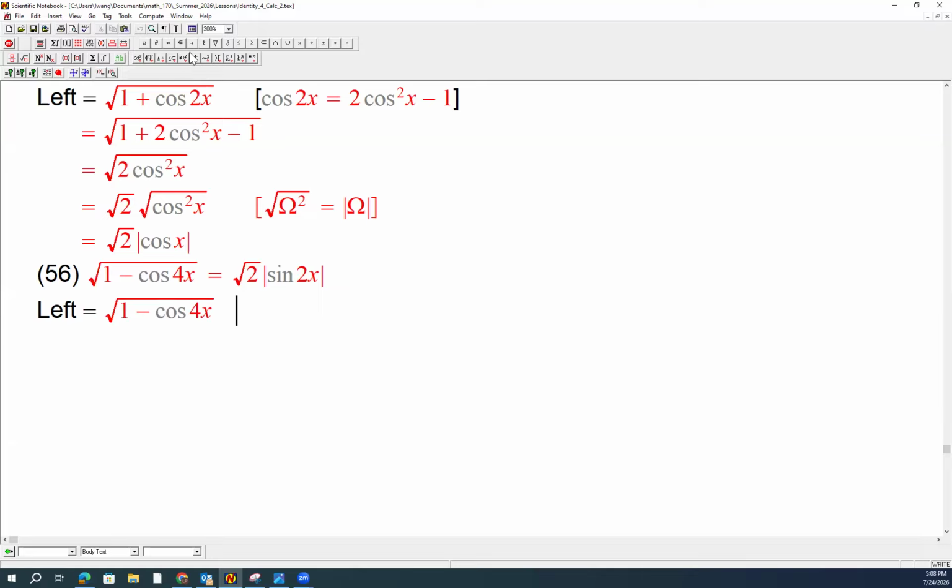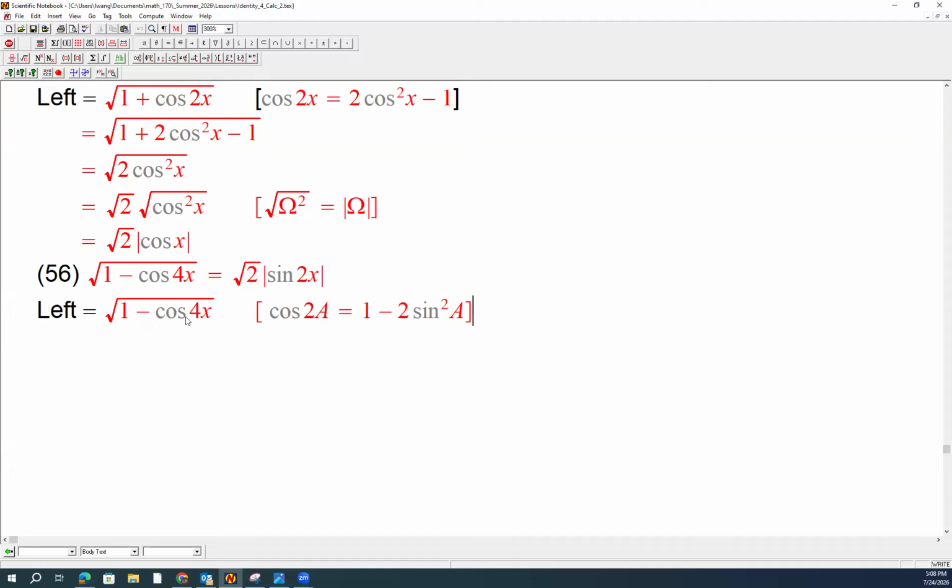The formula we will be using, because the right-hand side involves sine, right? So we're going to use it accordingly. So that's cosine 2a equals 1 minus 2 times sine squared of a.